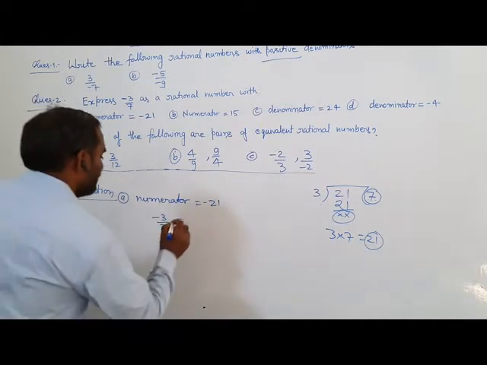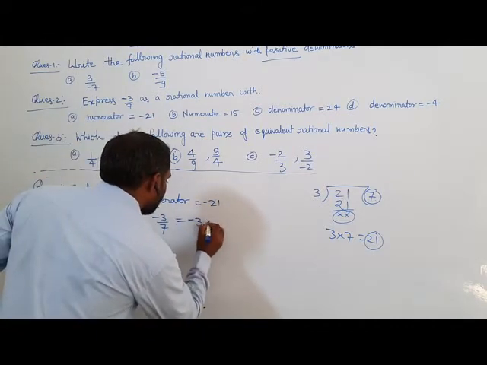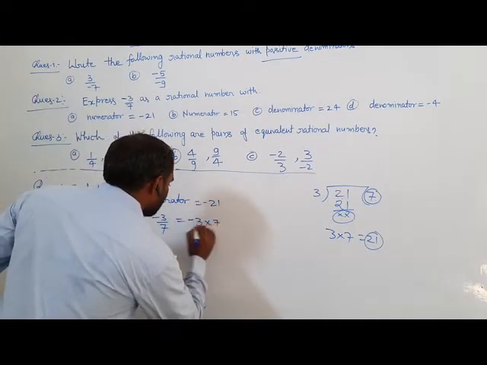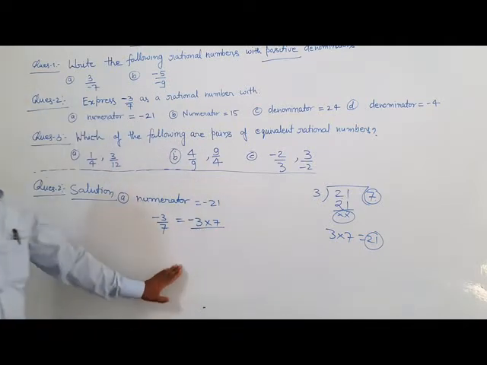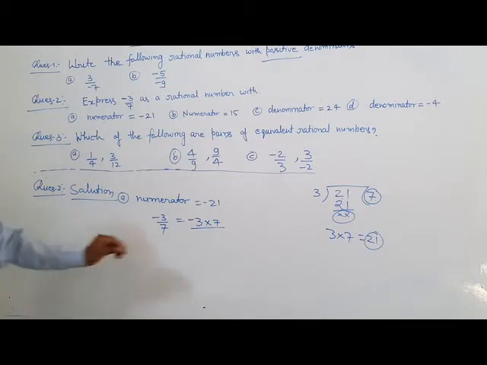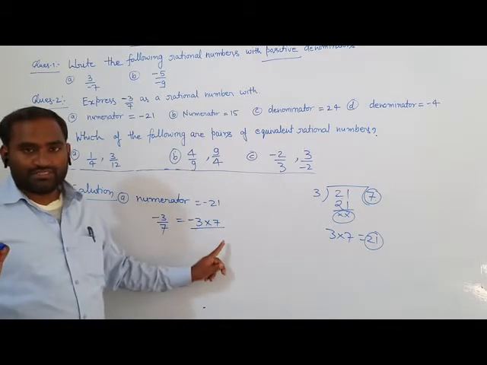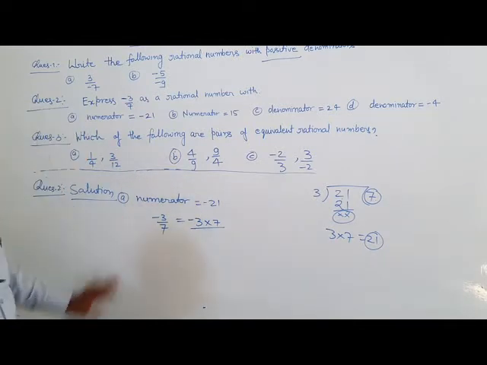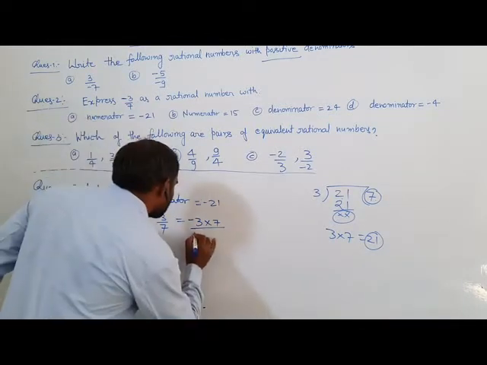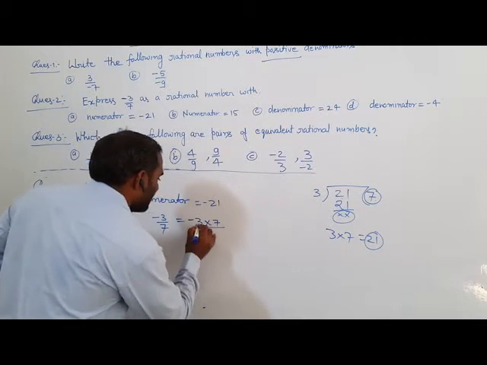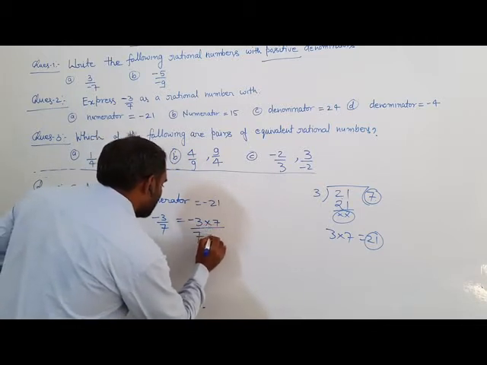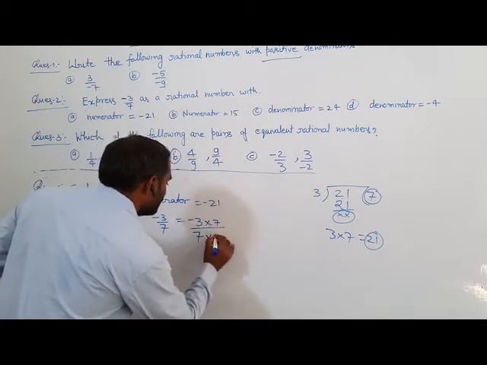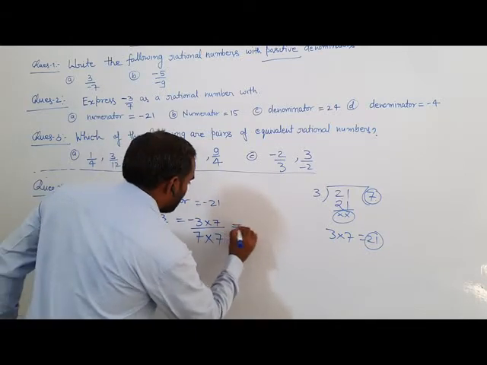So we multiply minus 3 into 7. And we know that if you multiply the numerator by any rational number, you have to also multiply the denominator by the same rational number. So minus 3 into 7 and 7 into 7.